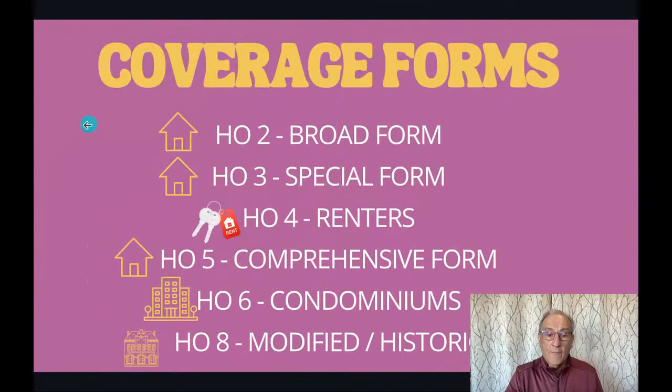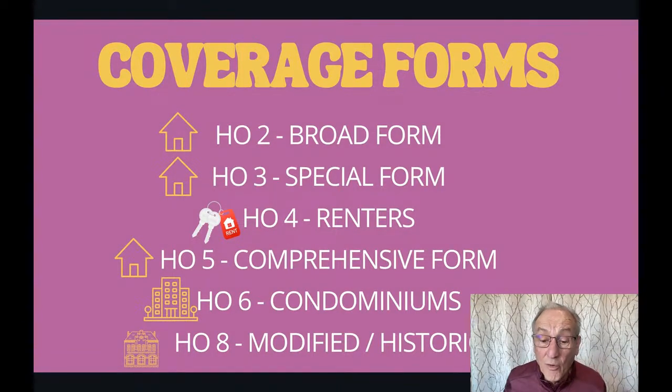Now, coverage forms. Oh my goodness, Peter. I only had 3 dwelling policies, but I got 6 homeowners policies. You can handle this. Let me just give you a tip. You don't have to listen to this, but this is how I learned this. When I looked at these, there's only really 3 what we would call homeowners policies.